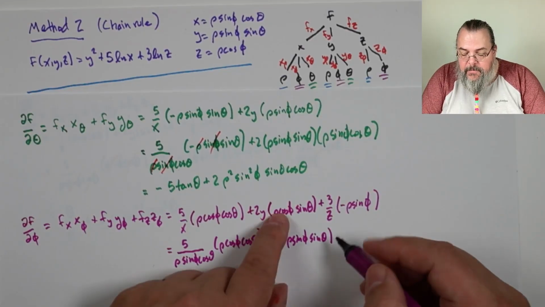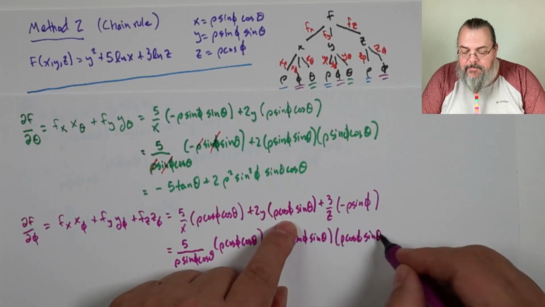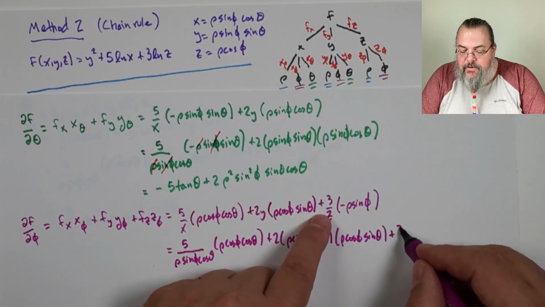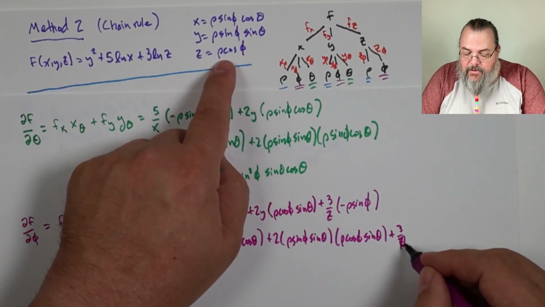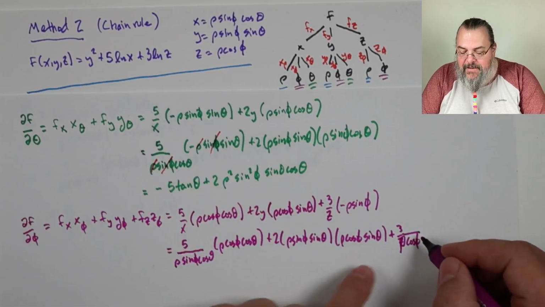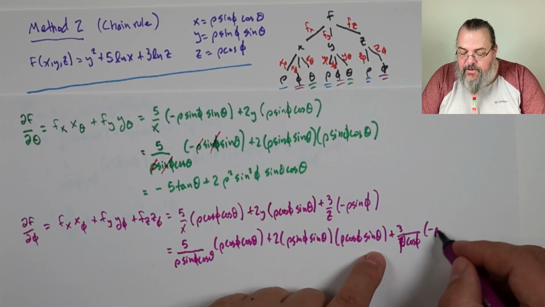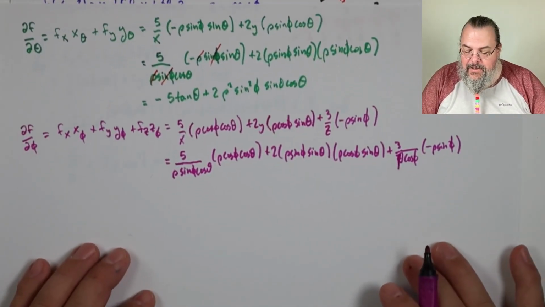That's the y. Don't forget, you still have to have that term there. Times rho cosine phi sine theta, plus 3 over z, not z, 3 over rho cosine phi, sorry about that, times minus rho sine phi.